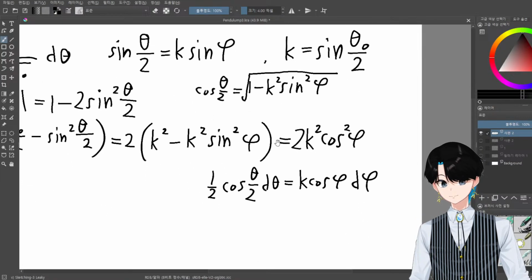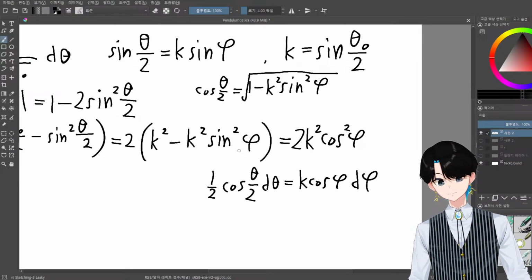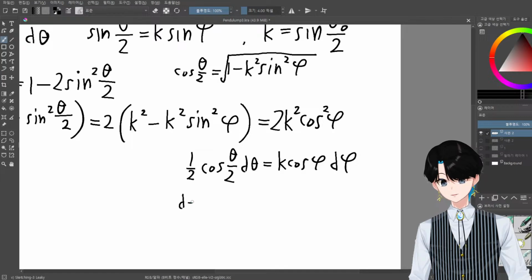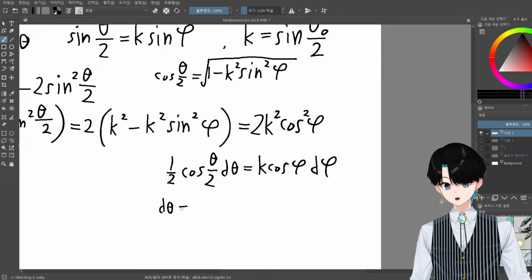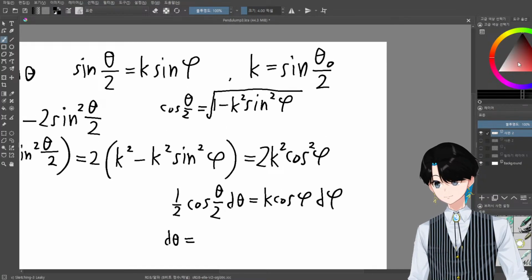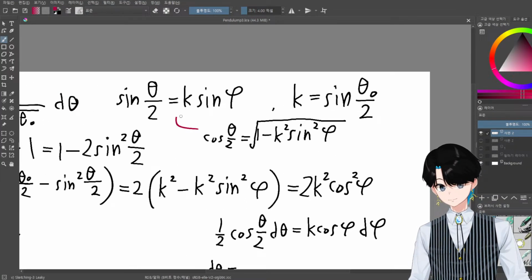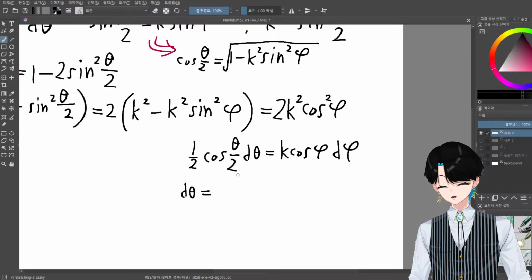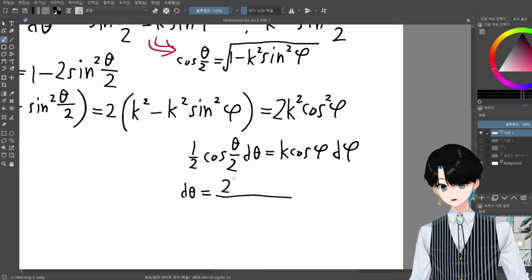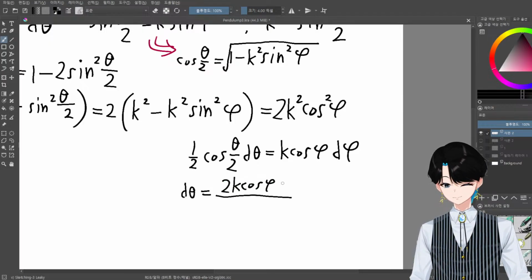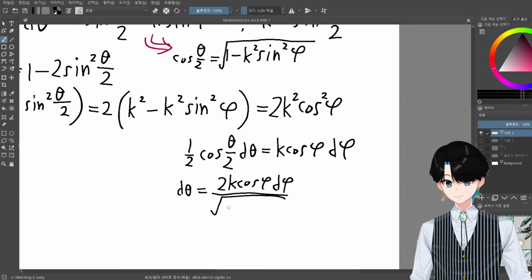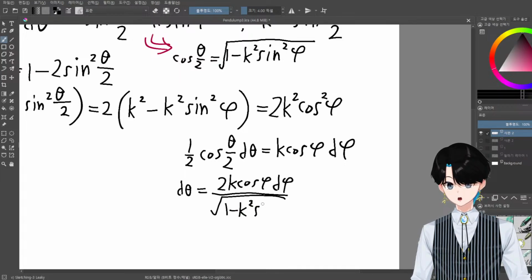Very important. Then d theta, I'm going to indicate with a pink arrow that it can be derived from that. d theta is equal to 2k cosine b d b over root of 1 minus k squared sine squared b.